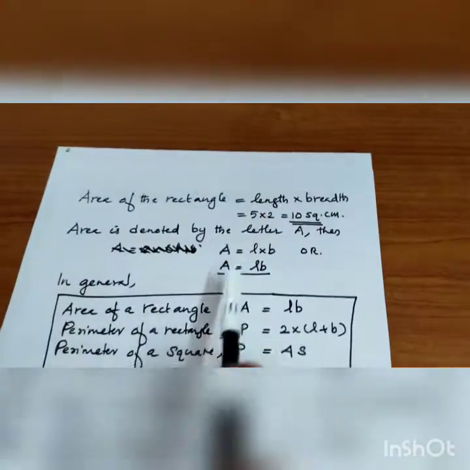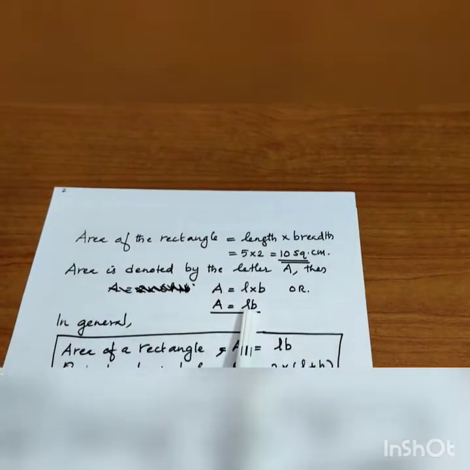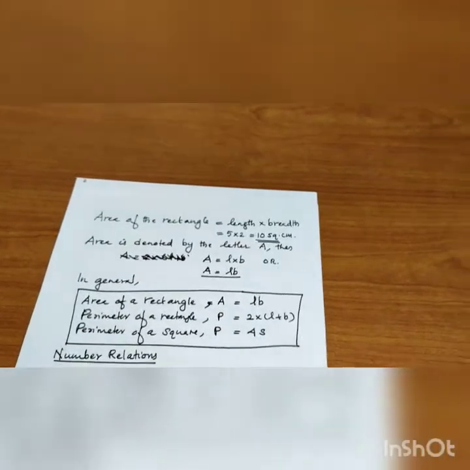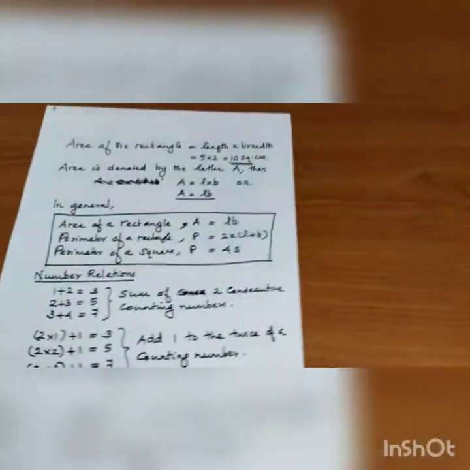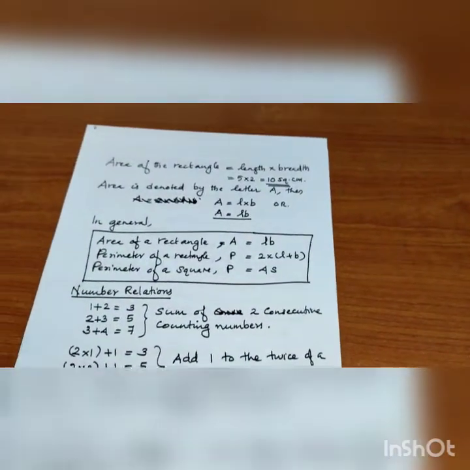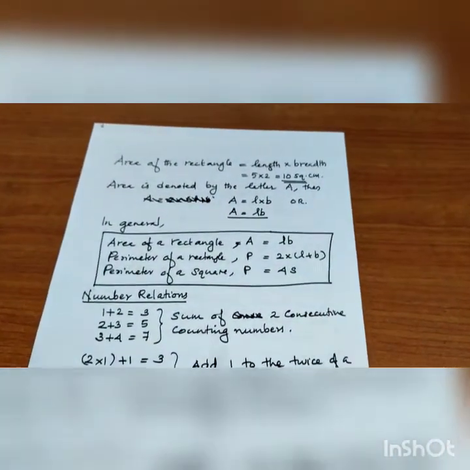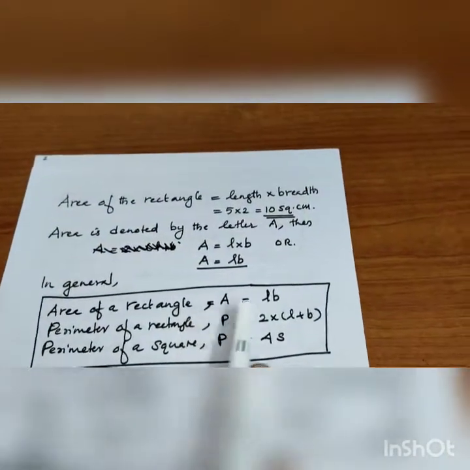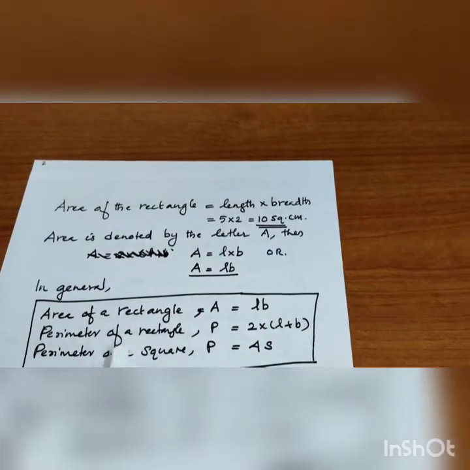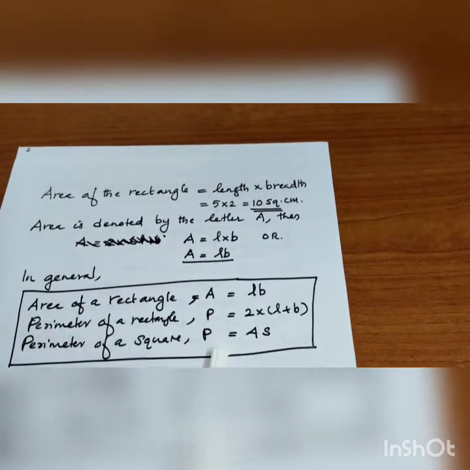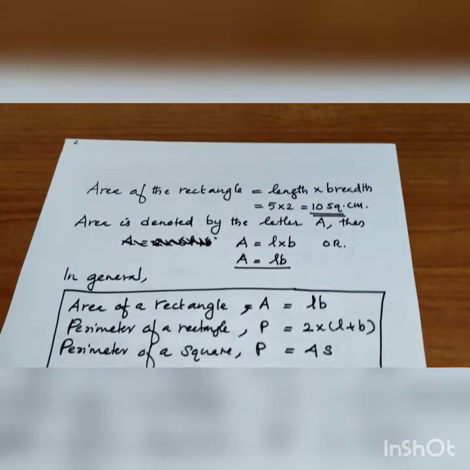Like the same, LB, here also the operation done is multiplication. But in the number 23, we cannot write 2 into 3. That is the number 23. So, we can join a number and a letter, and two letters. Then, we can conclude area of a rectangle A is equal to L into B. Perimeter P is equal to 2 into L plus B. And perimeter of a square P is equal to 4S.